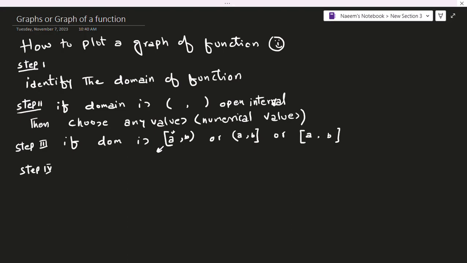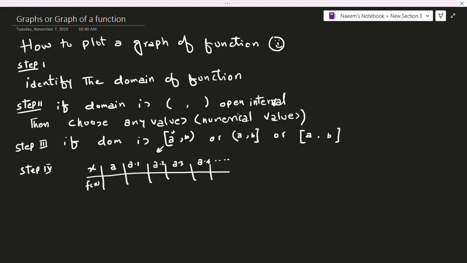plot a table in this form. Here you have x and here f of x. Take a few values from this interval. Which one is your interval? Here a.1, a.2, a.3, a.4, and so on.